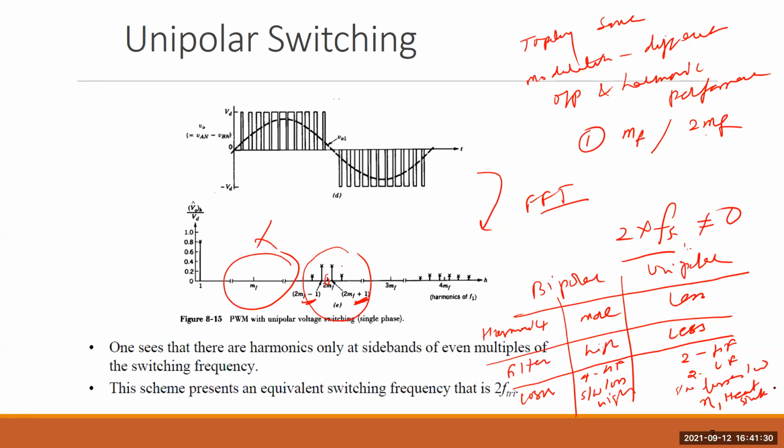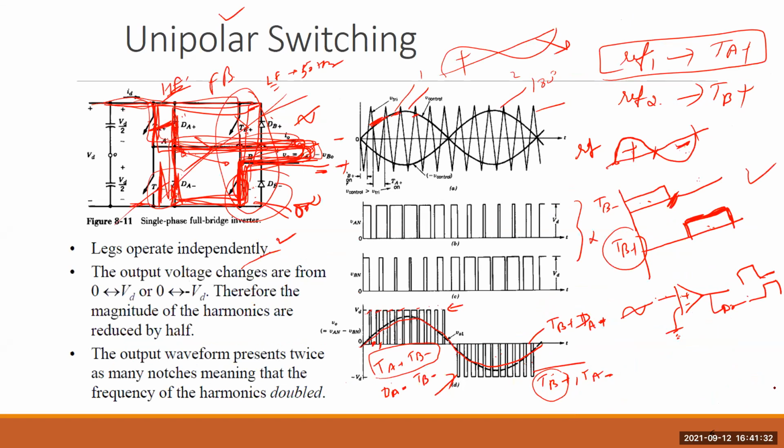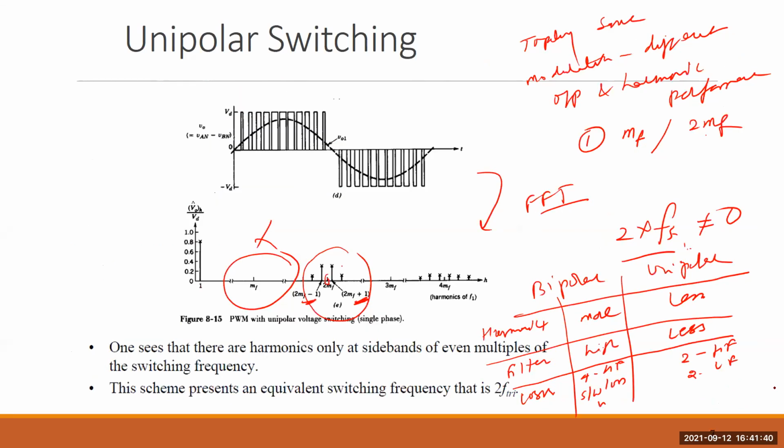Okay, so you can see that a minor change in the switching scheme or modulation scheme affects the performance. A minor change in modulation means just a minor change in the coding. Nothing in hardware, minor change in coding.